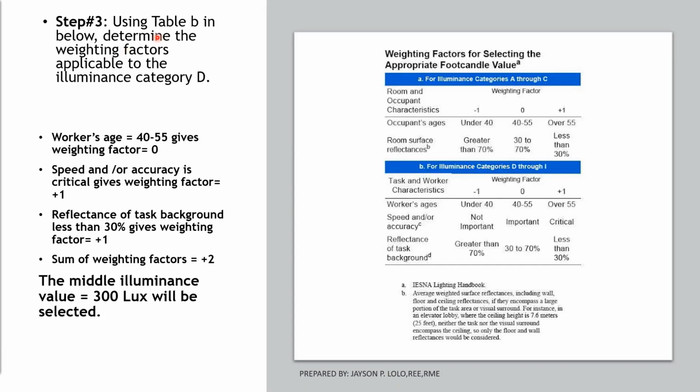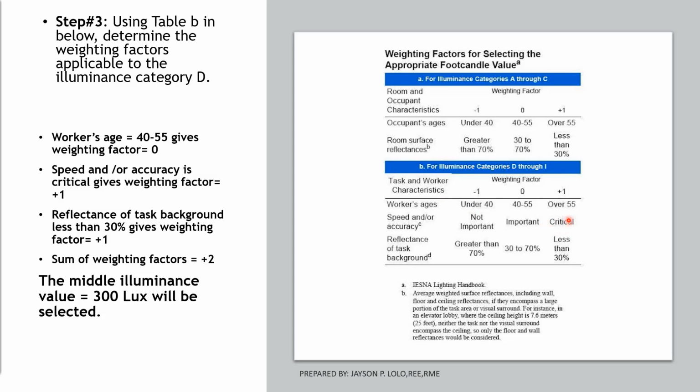Now step 3, using table B below, the right side, determine the weighting factor. So we choose the category D here in table B. Workers' age is 40 to 55, let's assume. That is the active age for office work. So automatically, your weighting factor is 0. The speed and accuracy weight factor is critical.